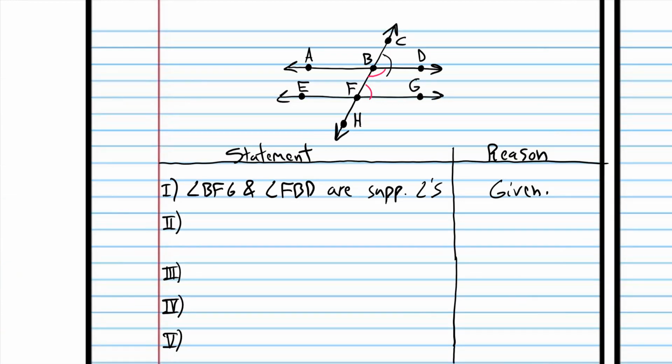Now we know that these two form a linear pair. We can see that. So angle CBD and angle FBD form a linear pair. And that's just given in the diagram.